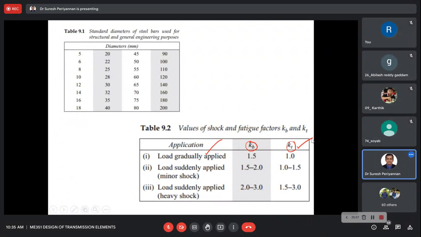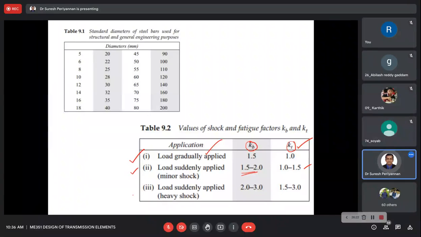Okay. Now, load suddenly applied with minor shock, then the Kb value is 1.5 to 2. If the problem does not give the Kb value and Kt value, you can assume these values. No problem. 1.5 in the first case; second case 1.5 to 2, and Kt is 1 to 1.5.